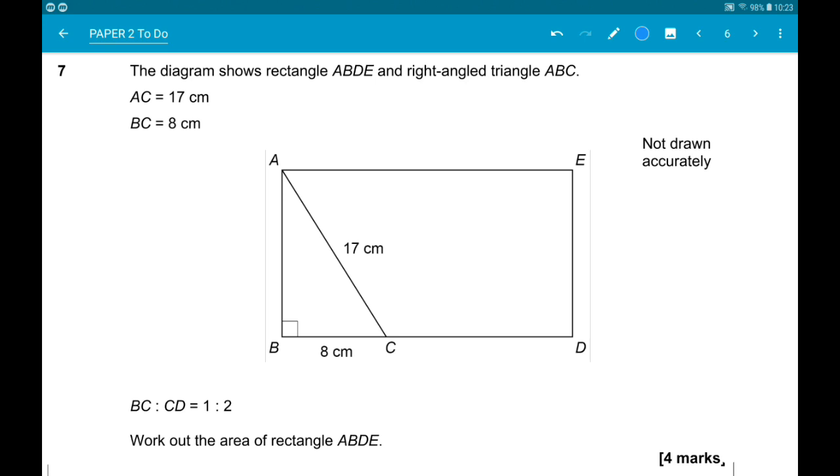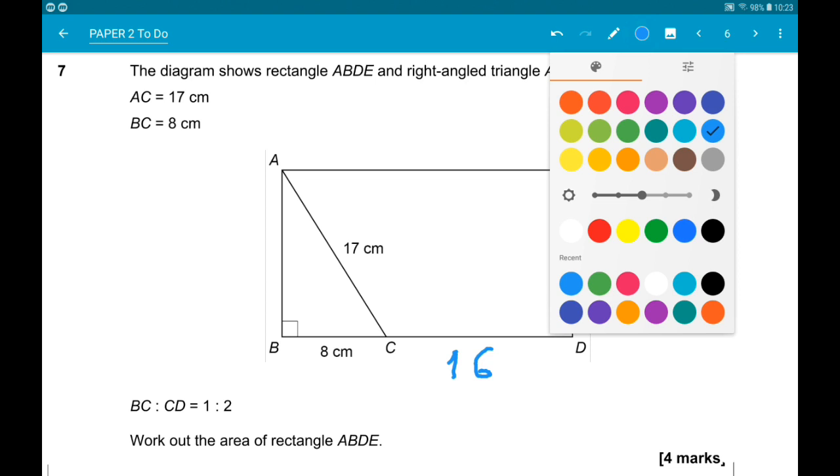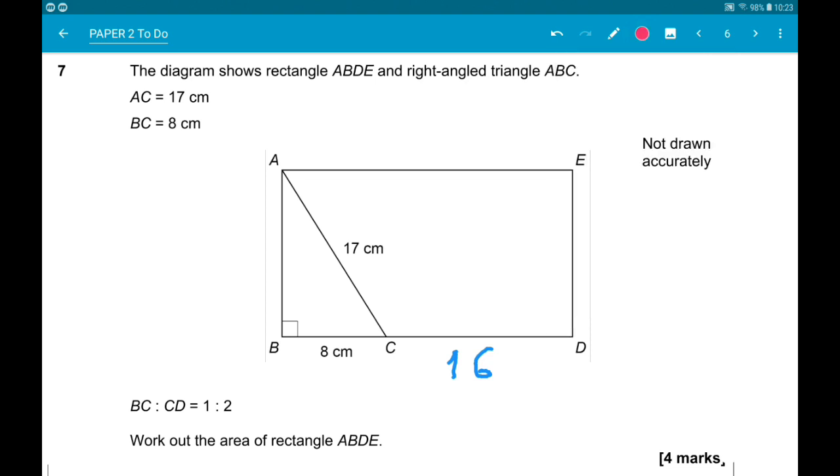So, if BC to CD is 1 to 2, that means CD is twice as big as BC. So, CD is 16. Okay, so area of a rectangle is base times height, so we also need to work out the height of this rectangle.